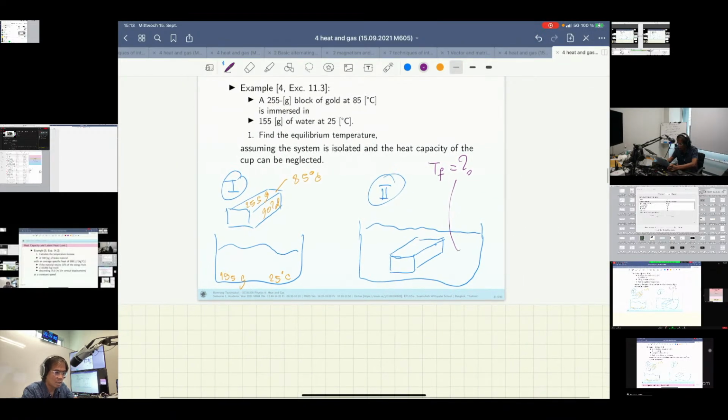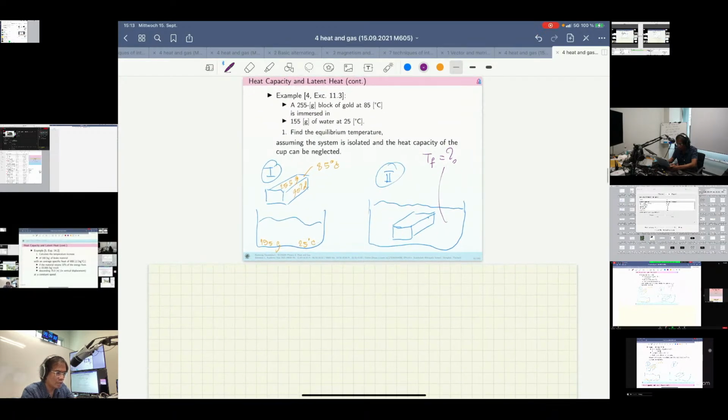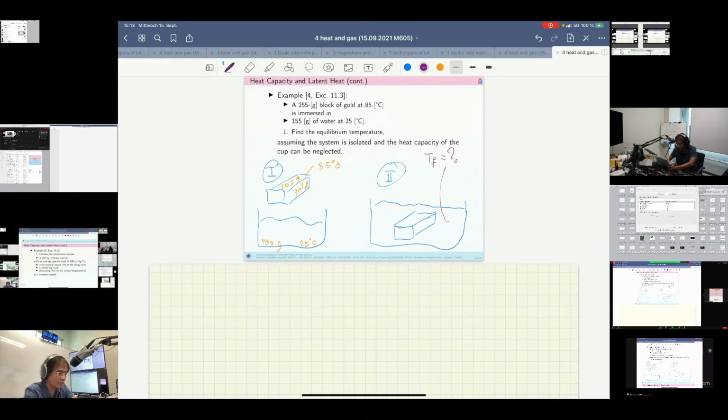We're going to compute. Everybody would start from the law of energy conservation, right?